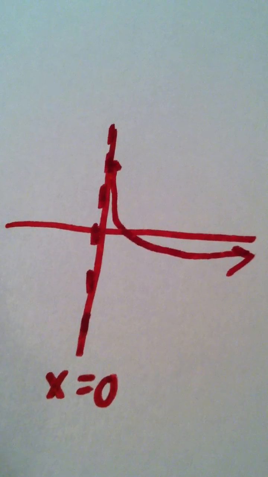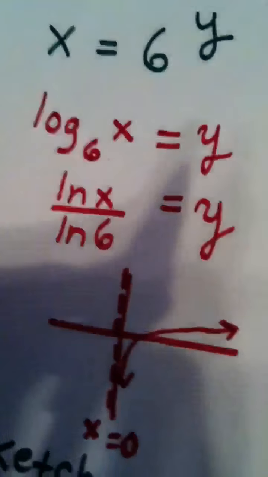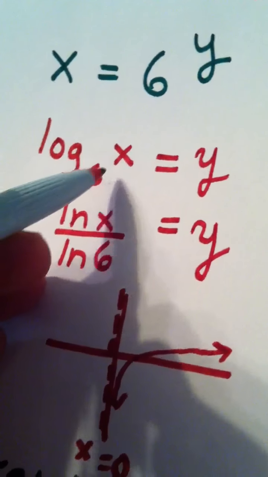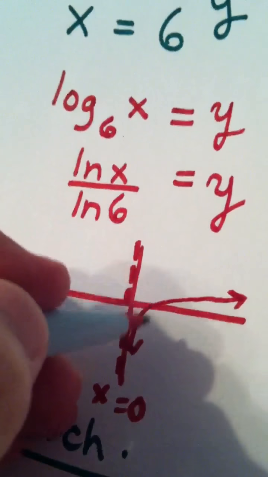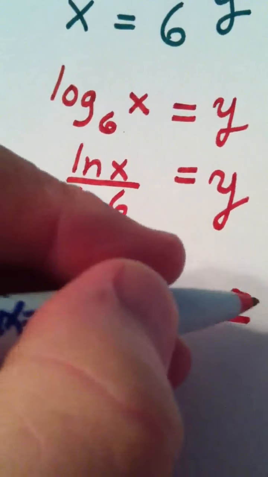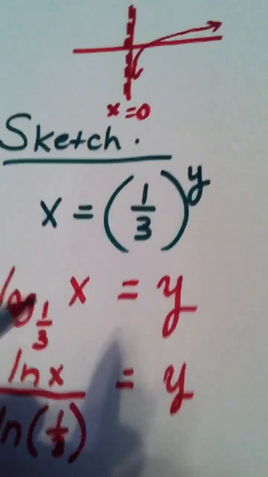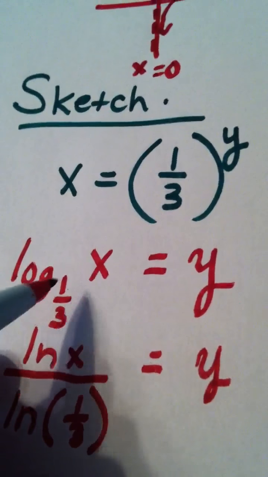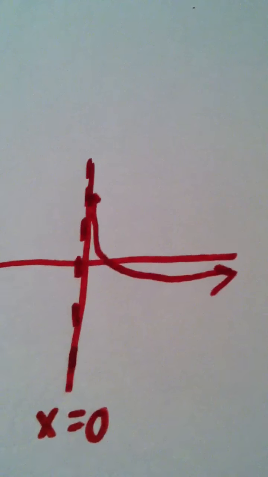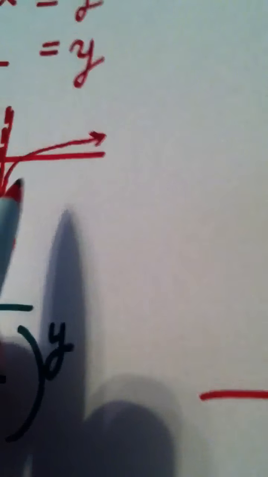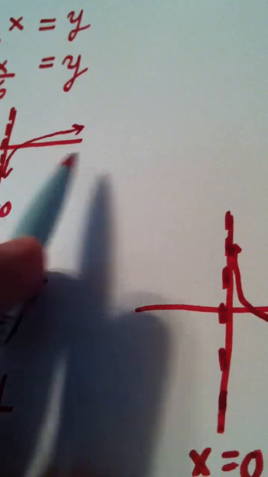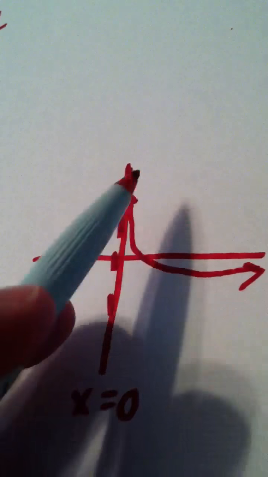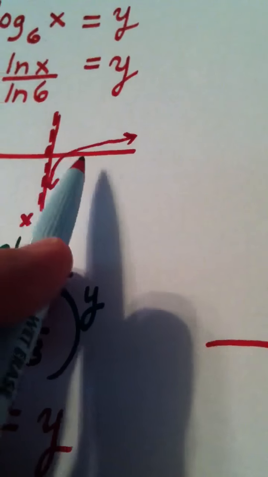Again, I want you to notice the difference. When a log function has a base that's a number greater than 1, it's going to have this basic shape. When a log function has a base that's between 0 and 1, the shape is basically a reflection with respect to the x-axis of what the normal, quote, normal shape would look like.